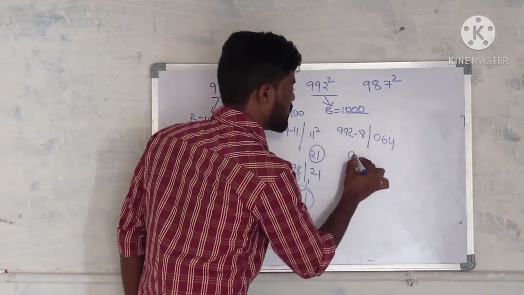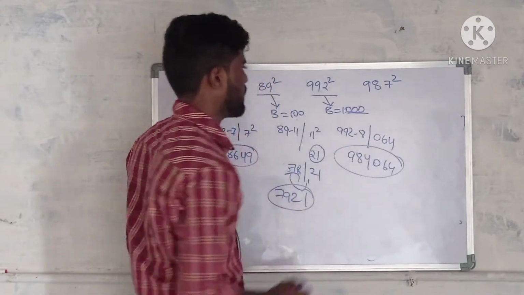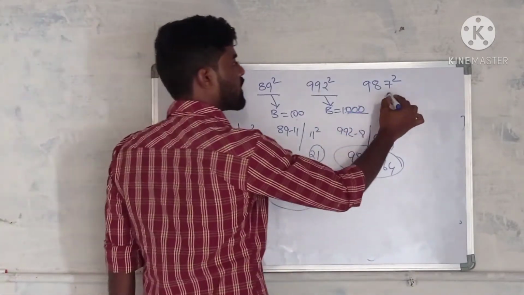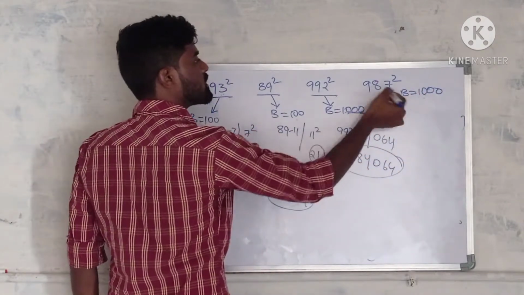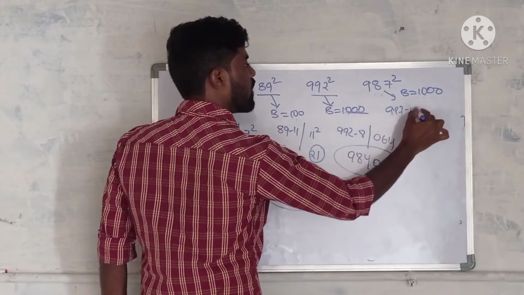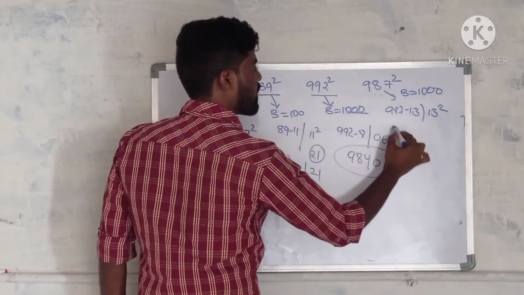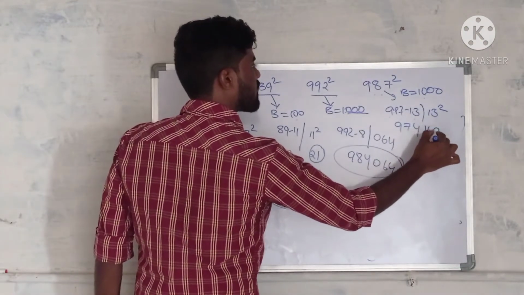It will become 984, 064. This is 992 square. 987 square, the base is 1000. This number is 13 less than 1000, that means LHS becomes 987 minus 13, and RHS becomes 13 square. 987 minus 13 is 974, and 13 square is 169.